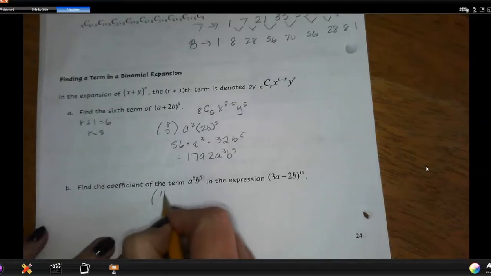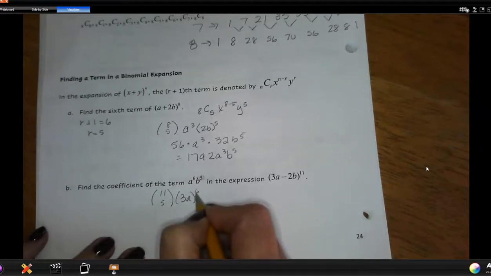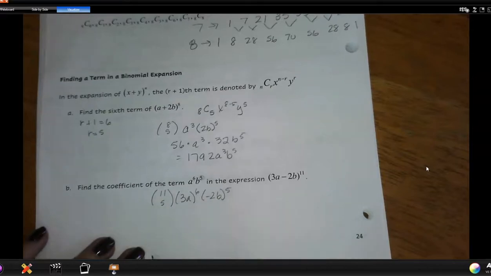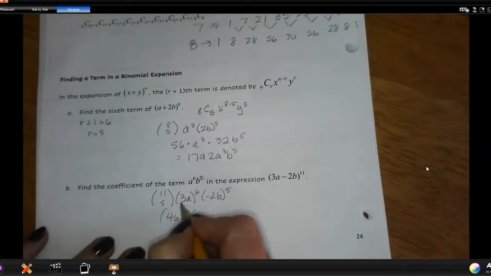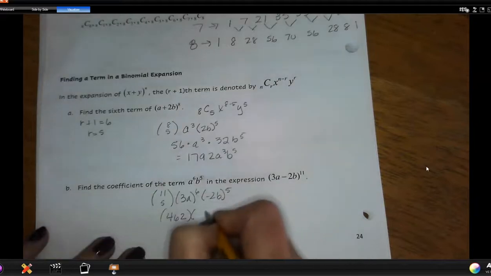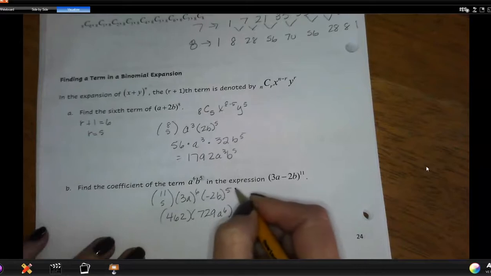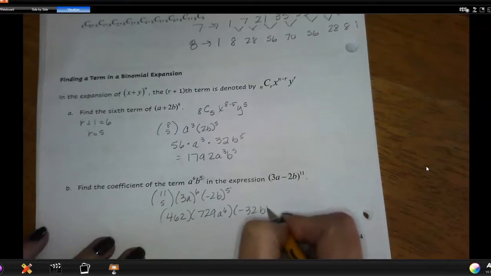So we're going to do 11 choose 5, and then 3a to the 6th, negative 2b to the 5th. 11 choose 5 is 462. 3 to the 6th power is 729, a to the 6th. And negative 2 to the 5th power is going to give me negative 32, b to the 5th.